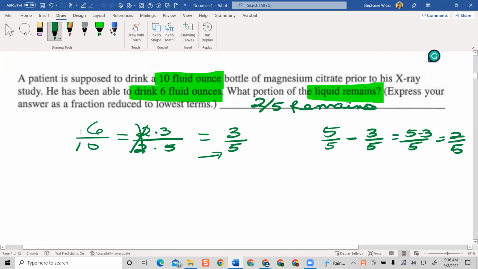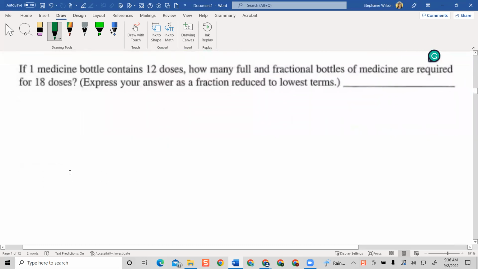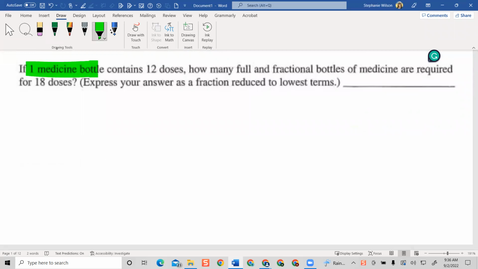That's the portion. Okay. Now let's do this next application. It says one medicine bottle contains 12 doses. We want to know how many full fractional bottles of medicine are required to have 18 doses.